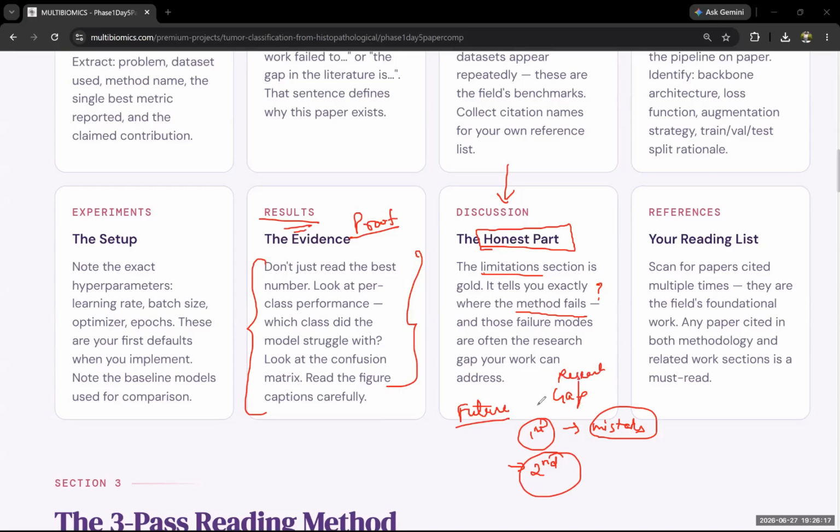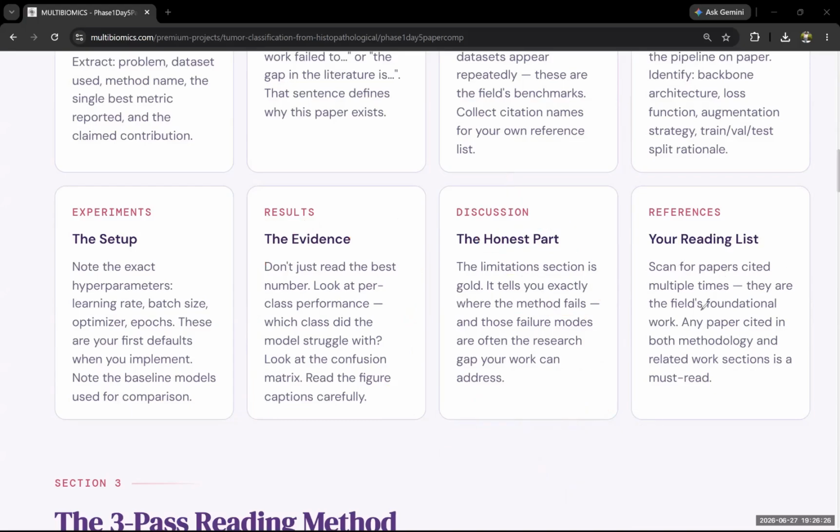That's why you go on the third pass on the discussion and related work. References are good because you'll get other papers to read and to cite. Any paper cited in both the methodology and the related work section, those papers from the references you should read.